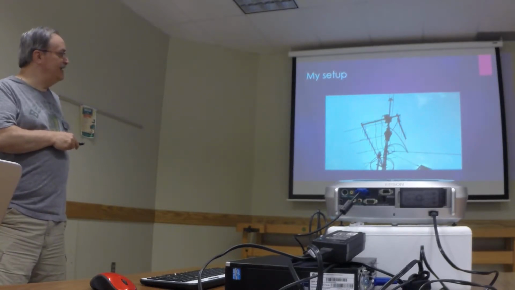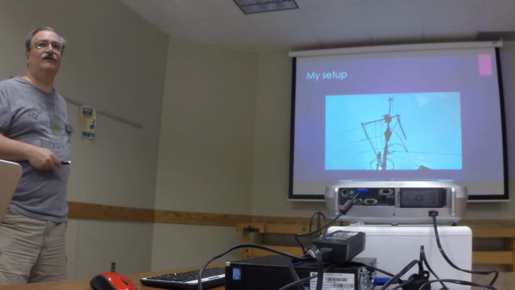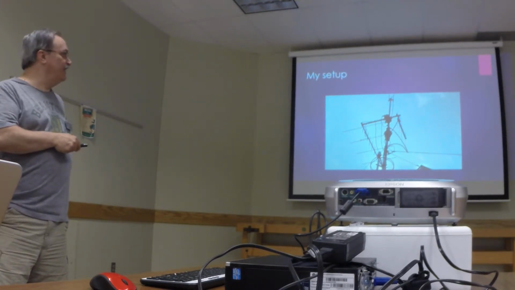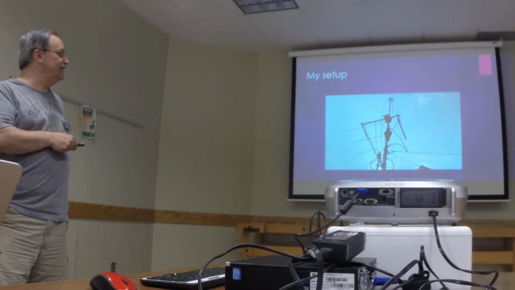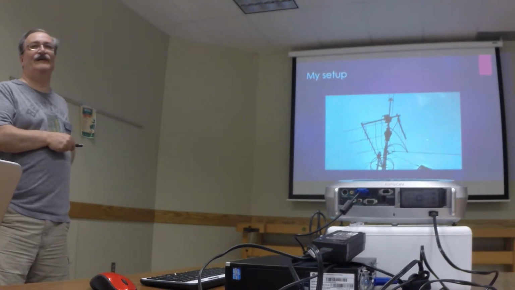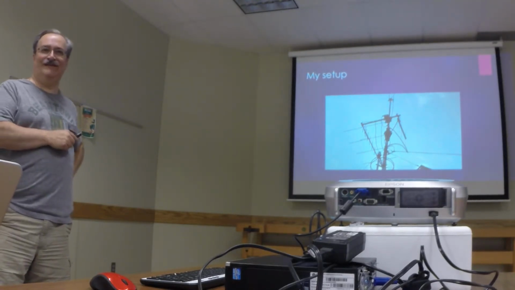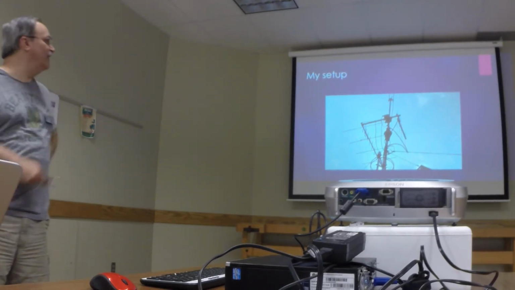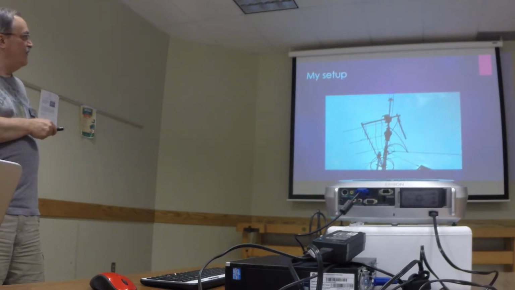And then there's a 10-element 70 centimeter on vertical. Now, a really hardcore satellite guy would say, well, you need another one of those so you can flip the 2-meter vertical and the 70 horizontal, but I'm not hardcore. Up here, I've got an omnidirectional 2 and 70 centimeter.